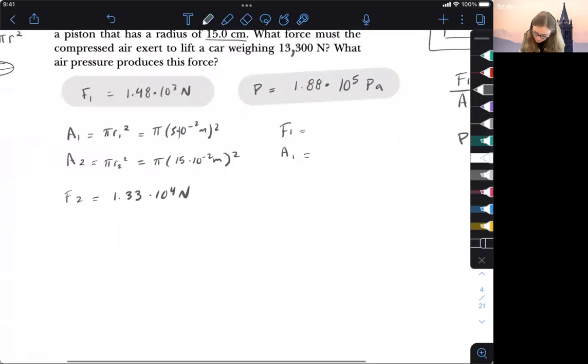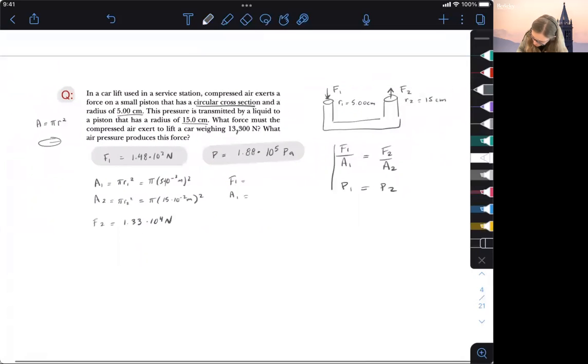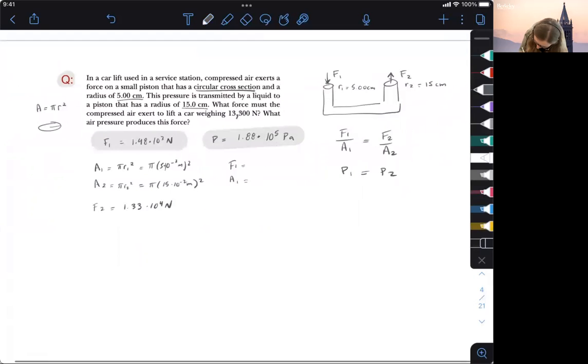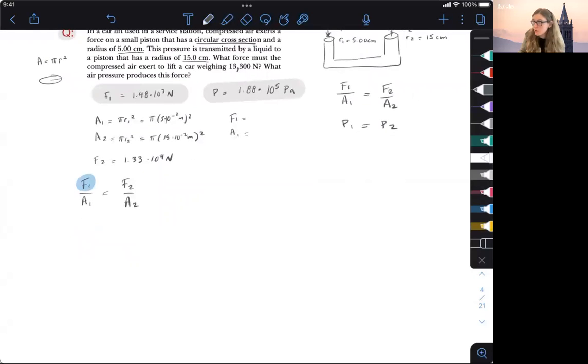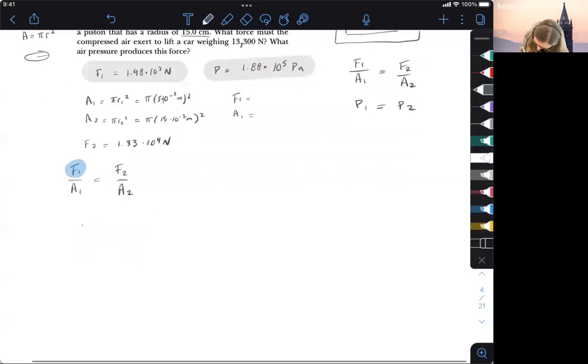Okay, so I have this relationship here. I'm going to say that F1 over A1 is equal to F2 over A2. And my goal is I want to find the force that I need to put in to cause this force F2. So at this point, it's just going to turn into algebra for me. I'm going to have F1 is equal to A1 over A2 times F2.